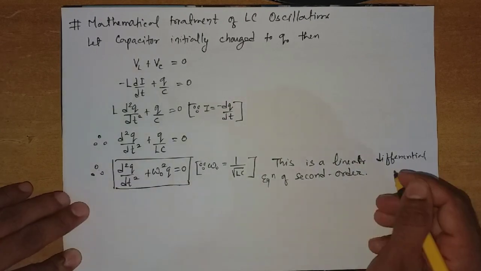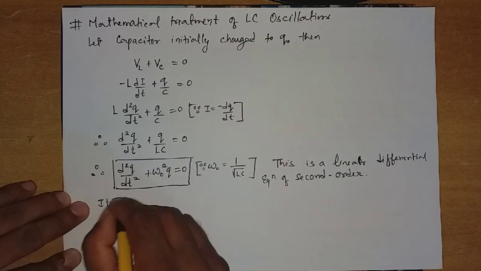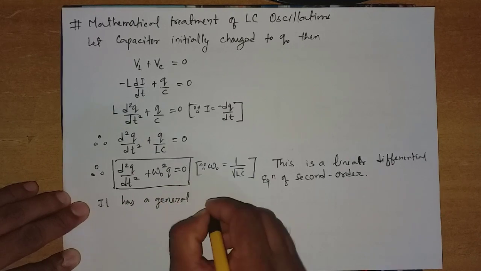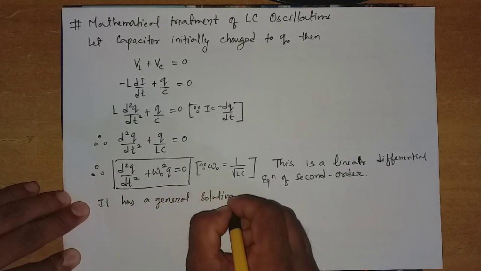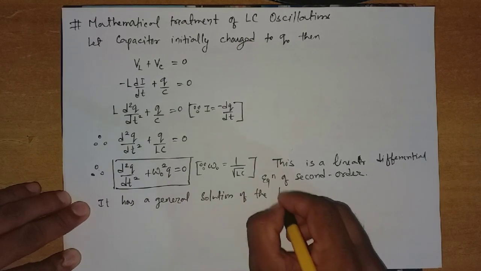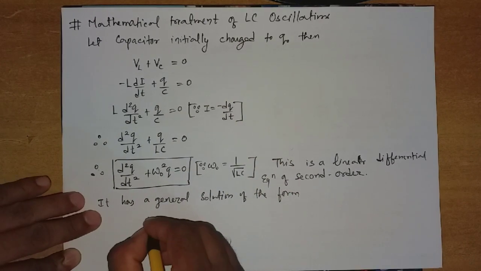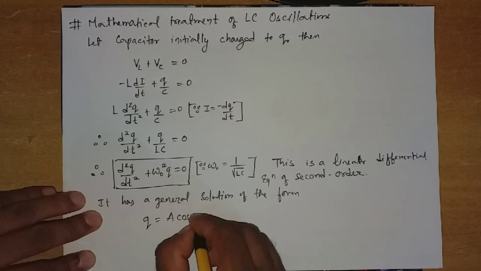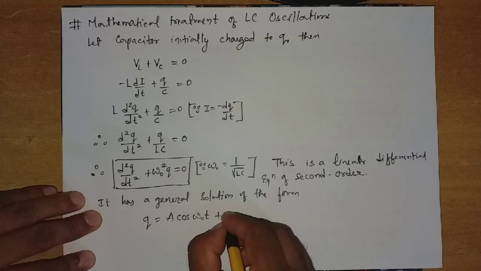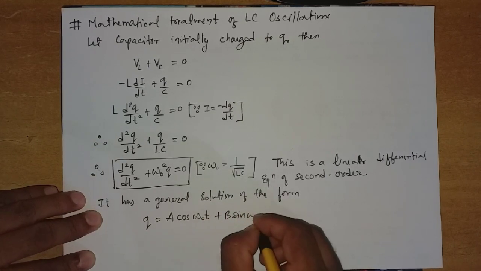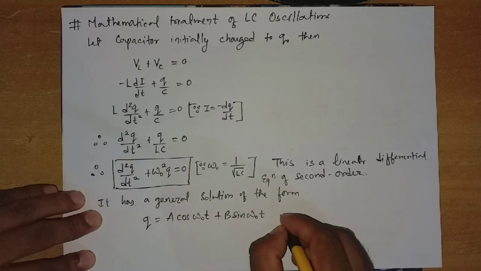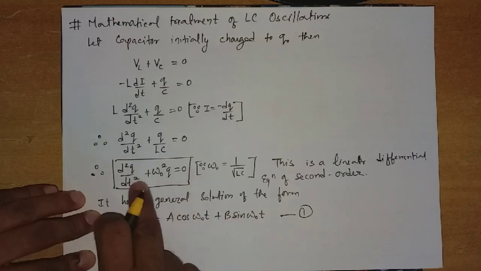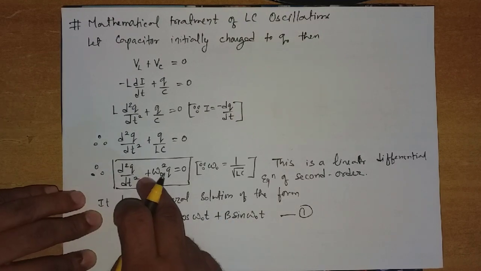And its general solution has the form Q is equal to A cos omega naught t plus B sine omega naught t, right? Let it be equation 1. This is the solution we had assumed for this differential equation.